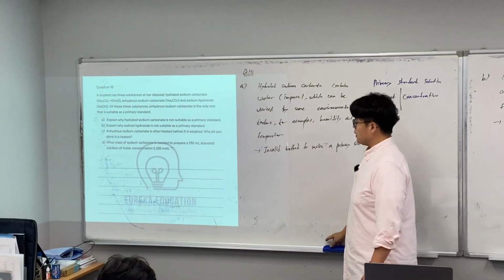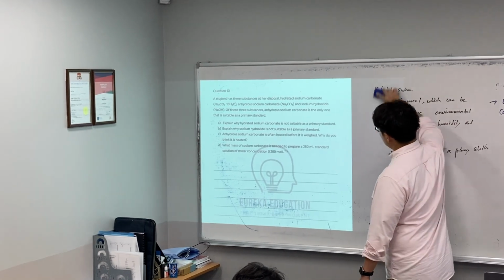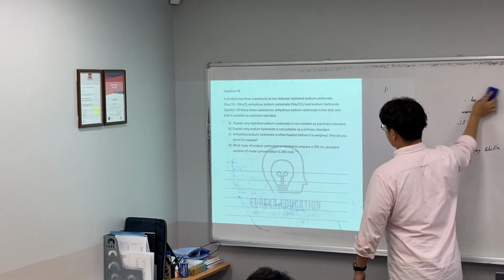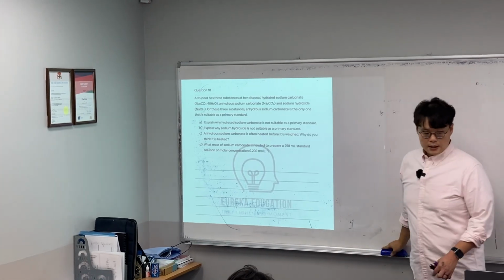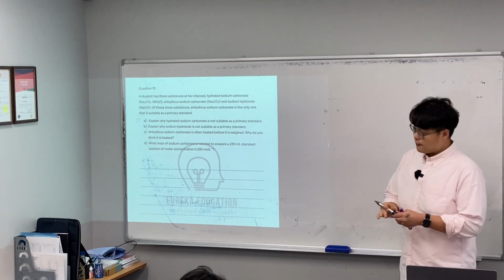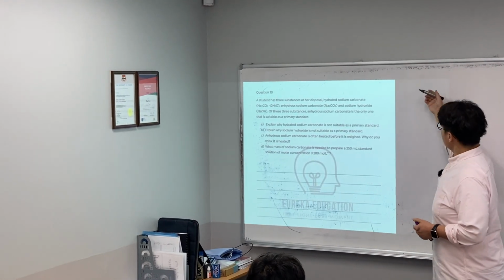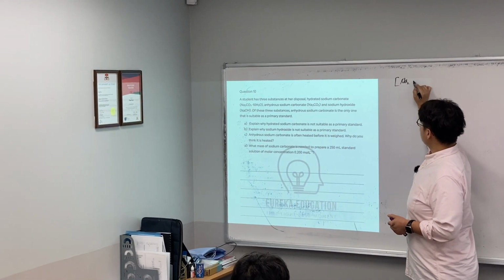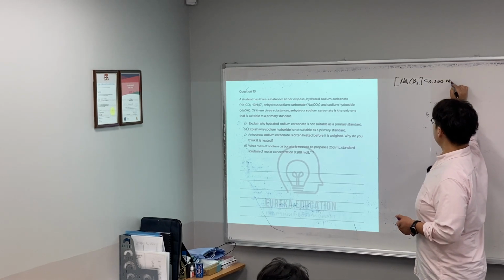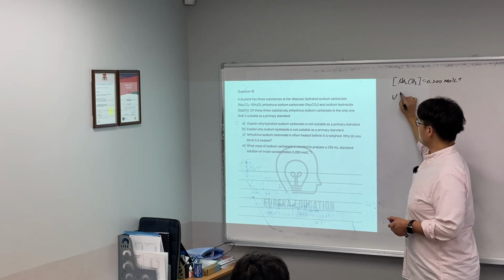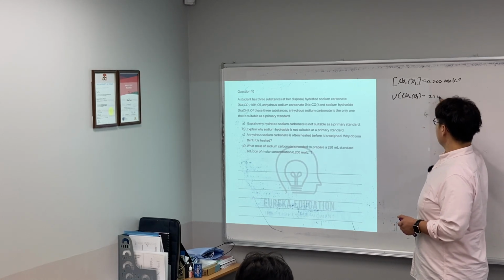Okay. D. What mass of sodium carbonate is needed to prepare 250 mL standard solution of the molar concentration of 0.2 molar? Let's think about D's method. What are we given? The concentration of the sodium carbonate we would like to make is 0.2 mole per liter. The volume is 250 milliliters.